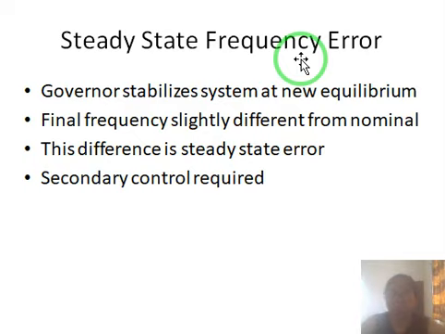Now frequency comes to another equilibrium level, which is lesser or greater than the previous value. Whenever there is a certain difference between the nominal value and the actual value, it is a steady state frequency error. This error is controlled by the secondary control, which is an integral control.